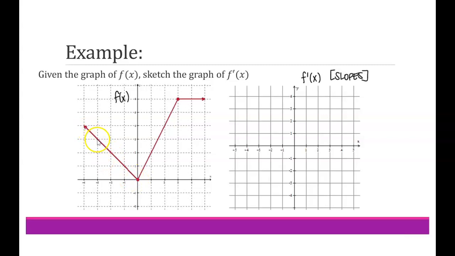To get to the next point, I'm going to have to go down 1, right 1, down 1, right 1. So the slope of this line segment is -1. I'm going to put -1, -1, -1, -1 all along that line segment because that's the slope.